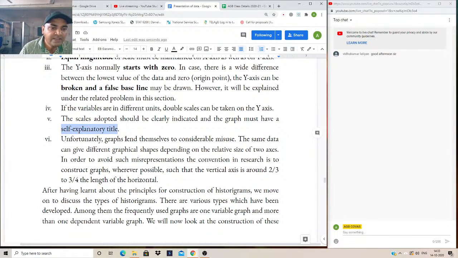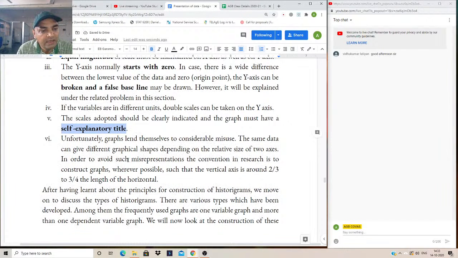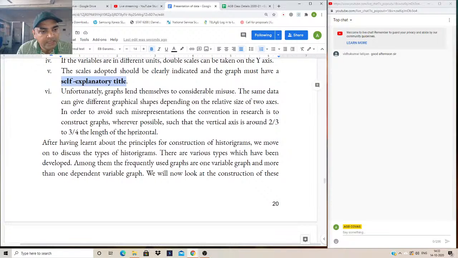Generally, one drawback of these graphs is that they lend themselves to considerable misuse. Many people misuse them. The same data can give different graphical shapes depending on the relative size of the scales.